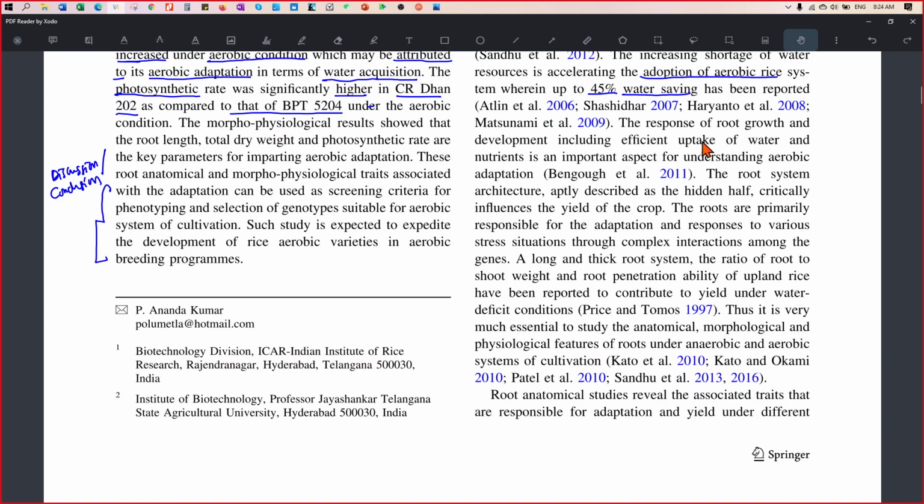Okay. The response of root growth and development, including efficient uptake of water and nutrient, is an important aspect of understanding aerobic adaptation. So in order to understand aerobic adaptation, the important things include how good the plants actually are at the uptake of water. Because remember, aerobic rice is not in flooding condition anymore.